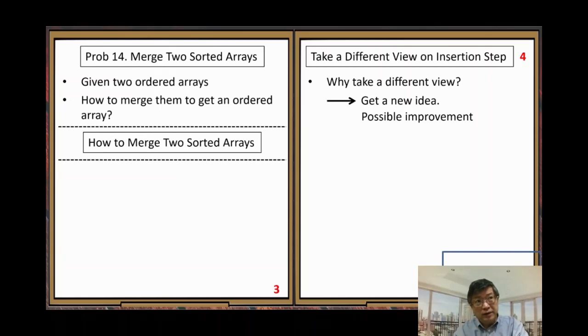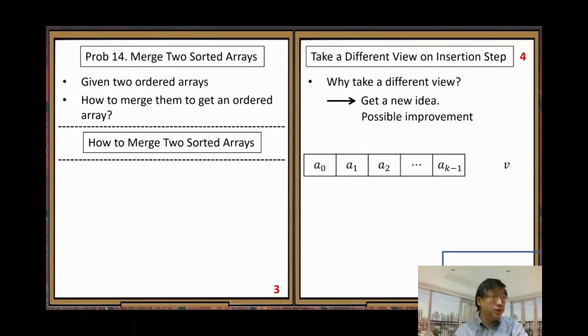Let's look at what kind of new idea we would like to have. First, this is the typical insertion situation. We insert a new key V into an ordered array. But here, let us look at this in a different way, a different view.